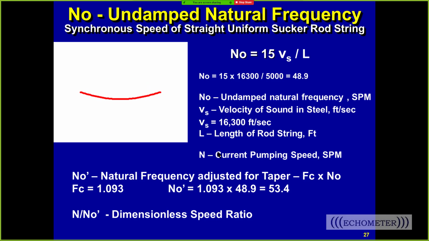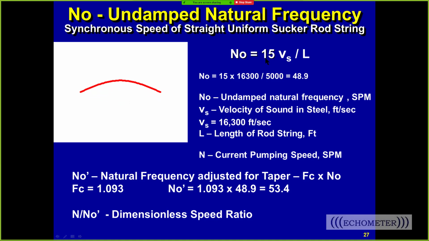Now, we just talked a minute about the frequency of the rod string. And so when you pump faster, you could pump at a ratio or a multiple of the frequency of the rod string. There's this equation that calculates the rod string frequency if it's a constant diameter rod.